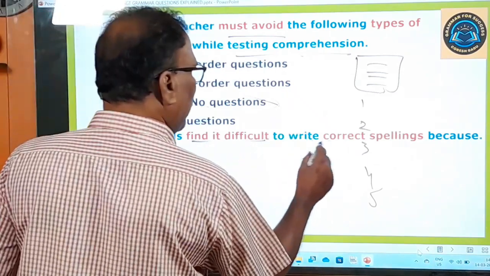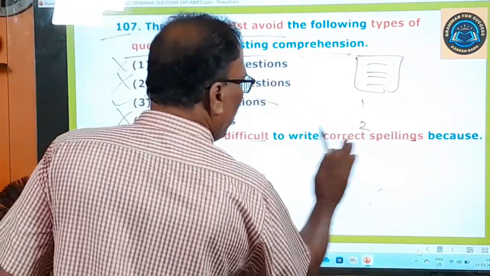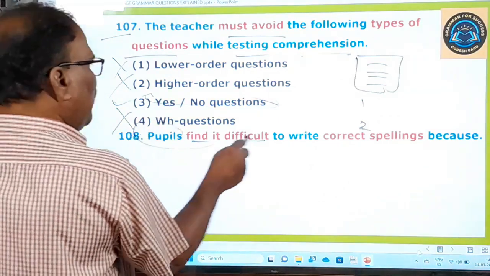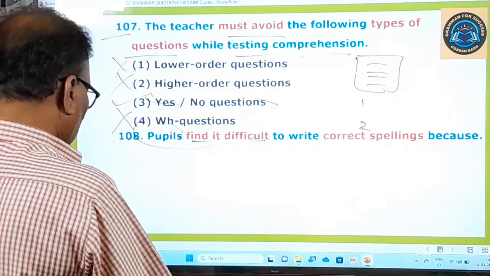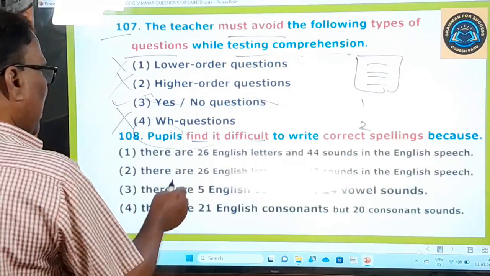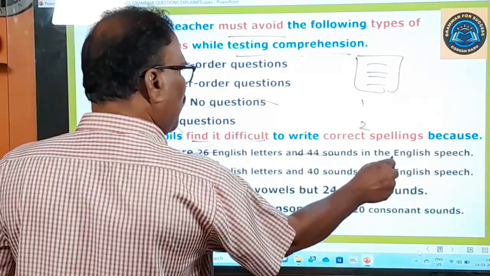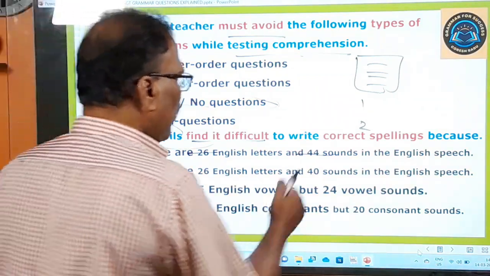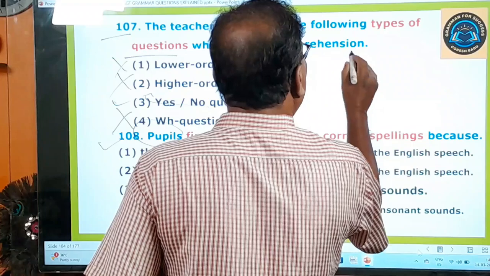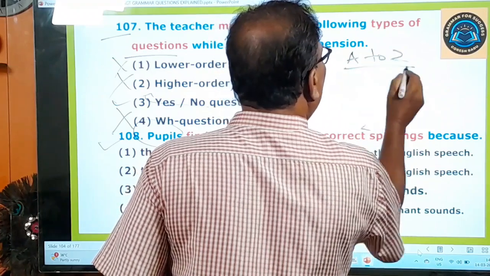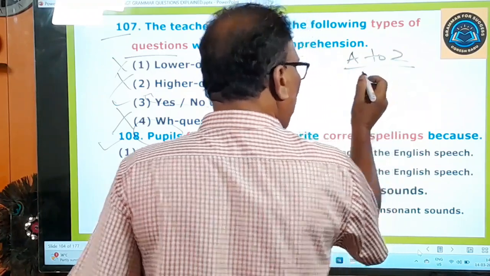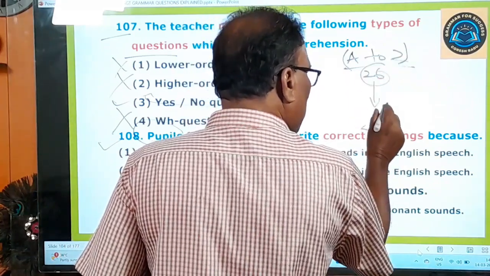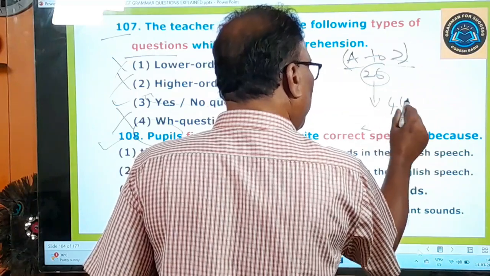Pupils find it difficult to write correct spelling because, okay, why do the students find it difficult to write correct spellings? Because there are 26 English letters and 44 sounds in the English language. We have only 26 letters, A to Z, and these 26 letters produce 44 sounds.